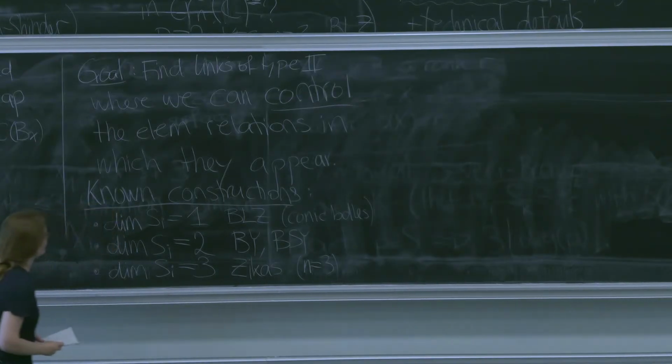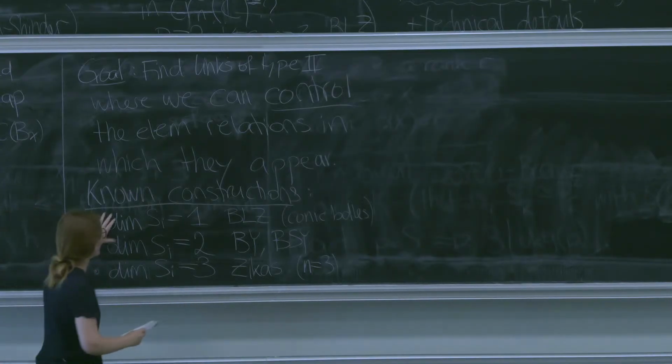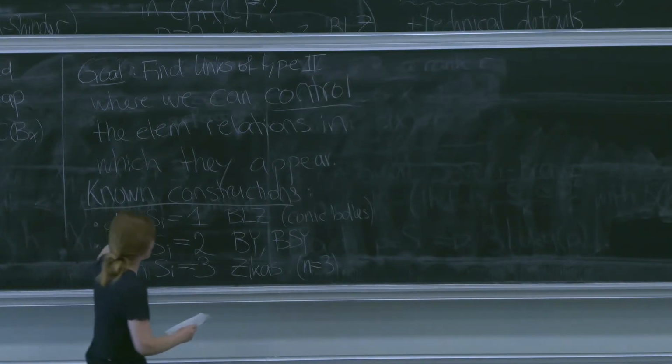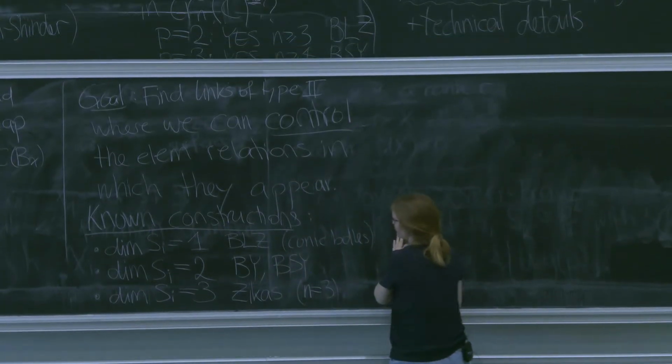And so afterwards I would like to focus on the dimension 2 case. But first let me say some idea of how people manage to control the relations. First of all, the one by Zikas.